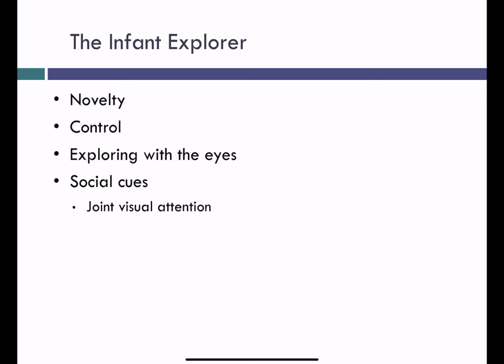For example, joint visual attention happens around 6 months. This is when a baby will look at an adult's eyes, see where the adult is looking, and follow their gaze to look at the same thing. This requires a fair amount of cognitive advancement, but it's really important for them to learn about things like naming objects.